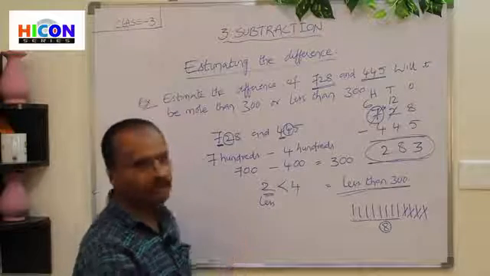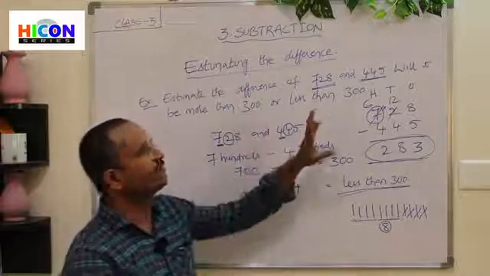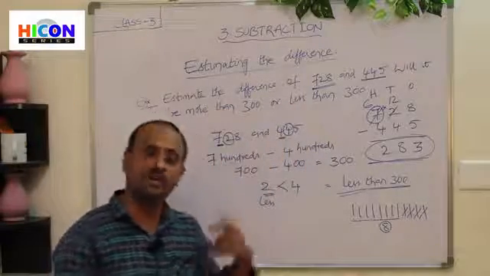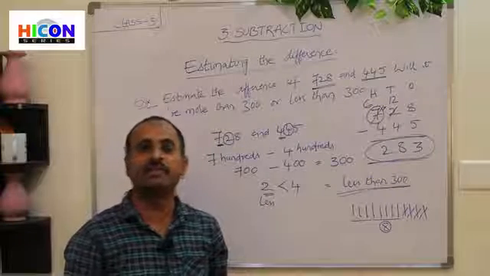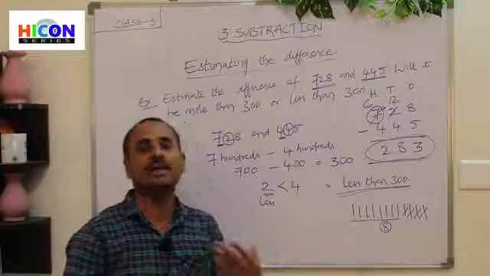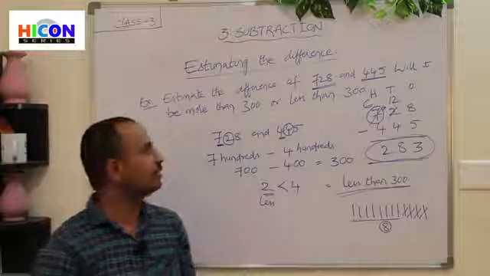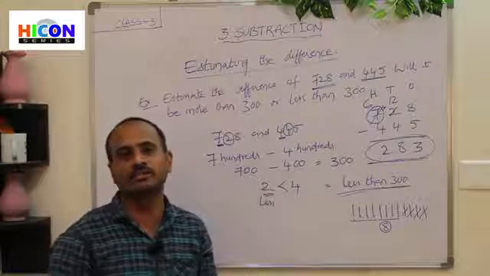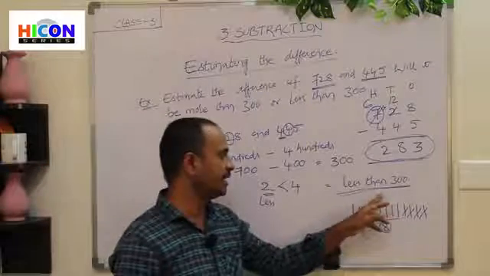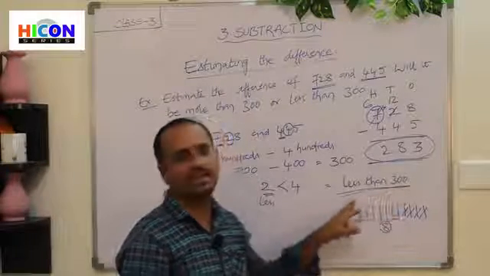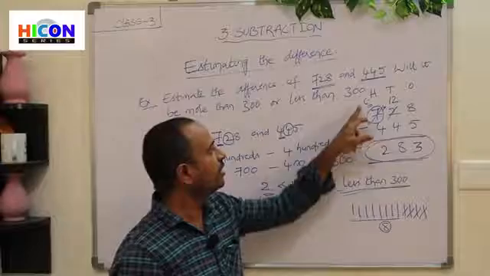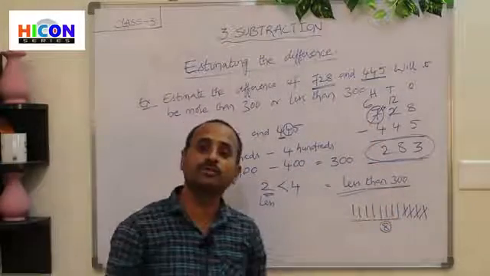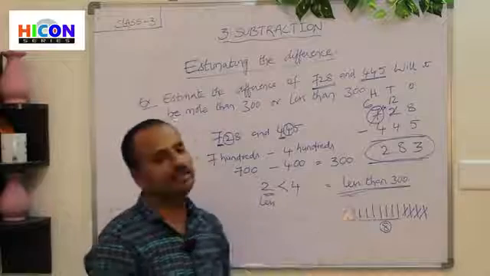In this way, we can estimate the difference of 2 numbers and compare the difference with another number, that is, whether the difference is less than or greater than that number. So we can check our estimation. We estimated that the difference is less than 300, and in the actual subtraction the difference is 283. That is less than 300.